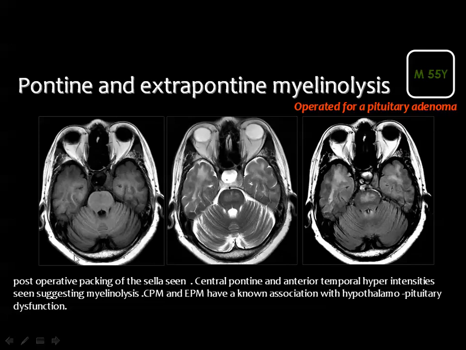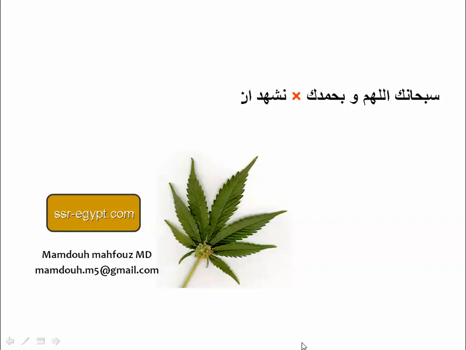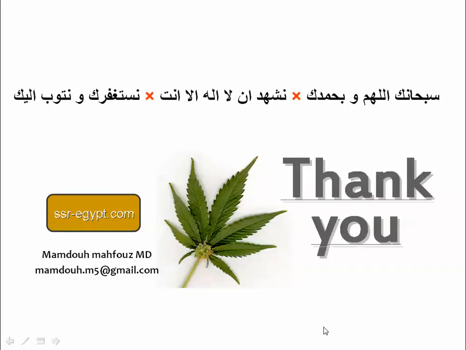In the T1 weighted image, you cannot appreciate the lesions, and in the T2 weighted image, you can see faint high signal in the upper part of the pons as well as in the lower part of both temporal lobes. In the FLAIR image, you can see the high signal here and also the high signal here, diagnostic of pontine and extrapontine myelinolysis. And I thank you very much.